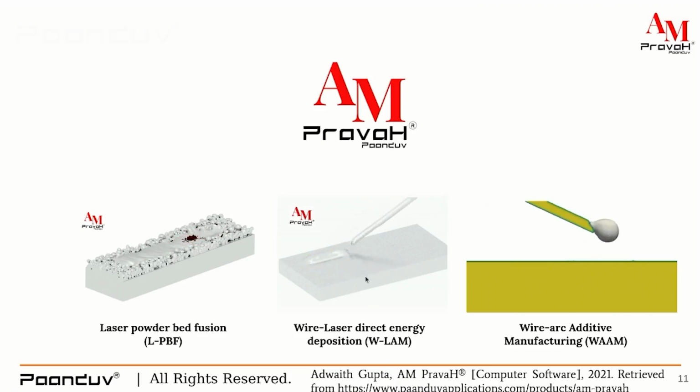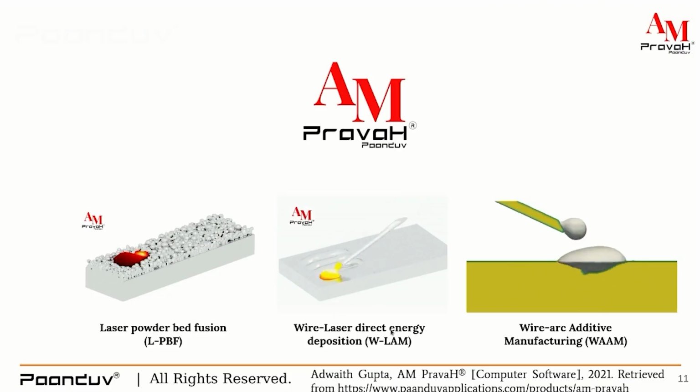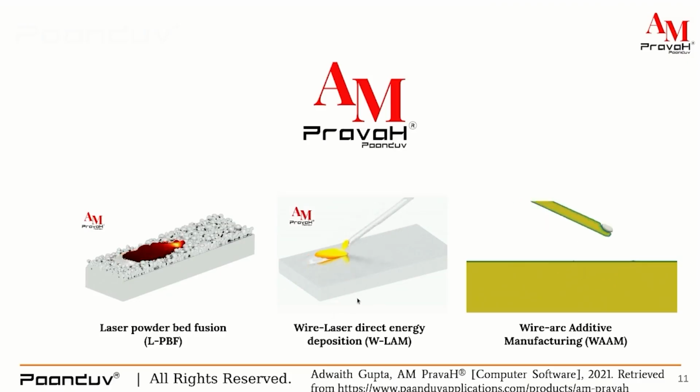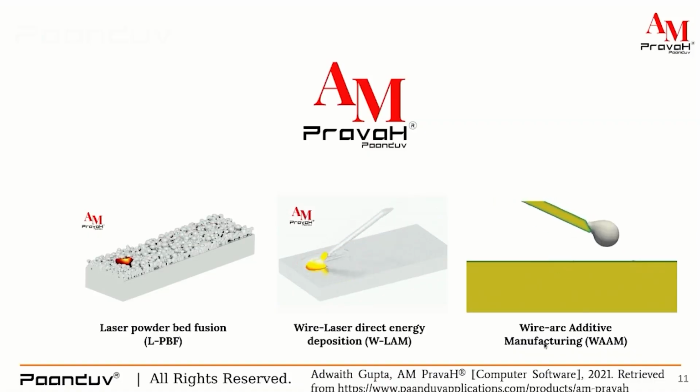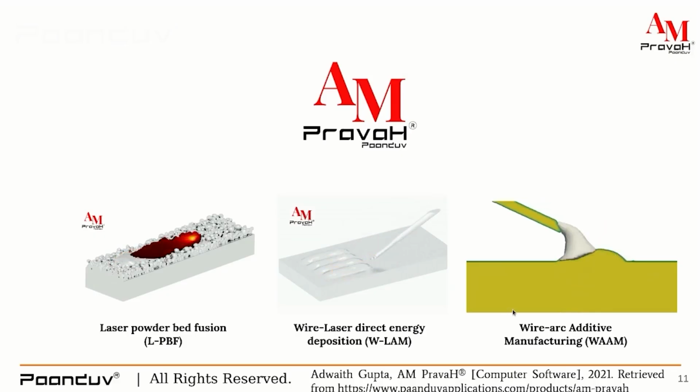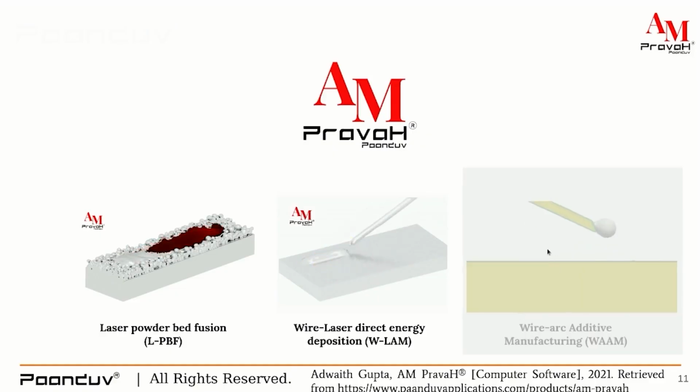PravaH is also applicable to wire-based laser additive manufacturing, where the feedstock is not powder, it is wire. Similarly, we can also use PravaH to model wire arc additive manufacturing. Again, the feedstock here is wire, and the heat source is also changing from laser to electromagnetic waves, which is plasma. So for the interest of today's session and the current capabilities of PravaH, we will focus more on laser powder bed fusion and wire laser additive manufacturing.